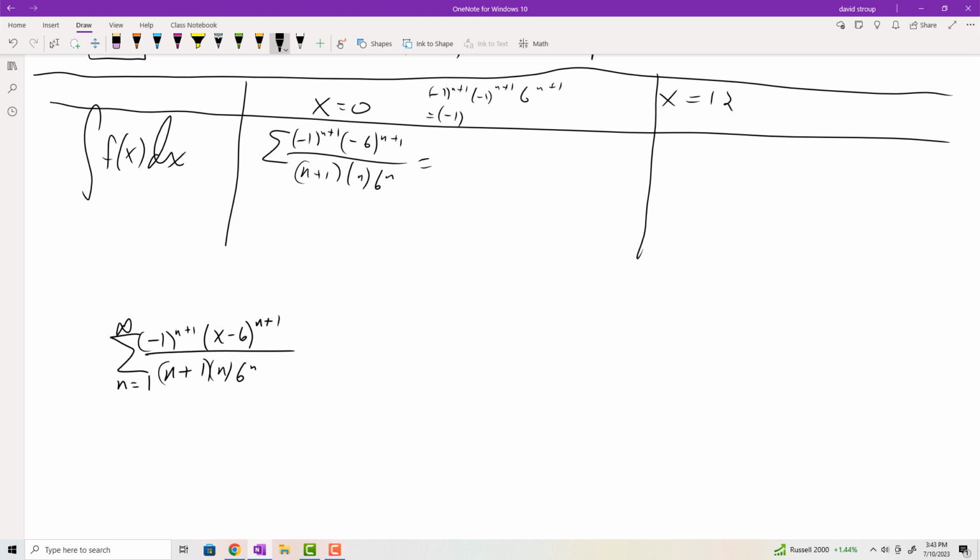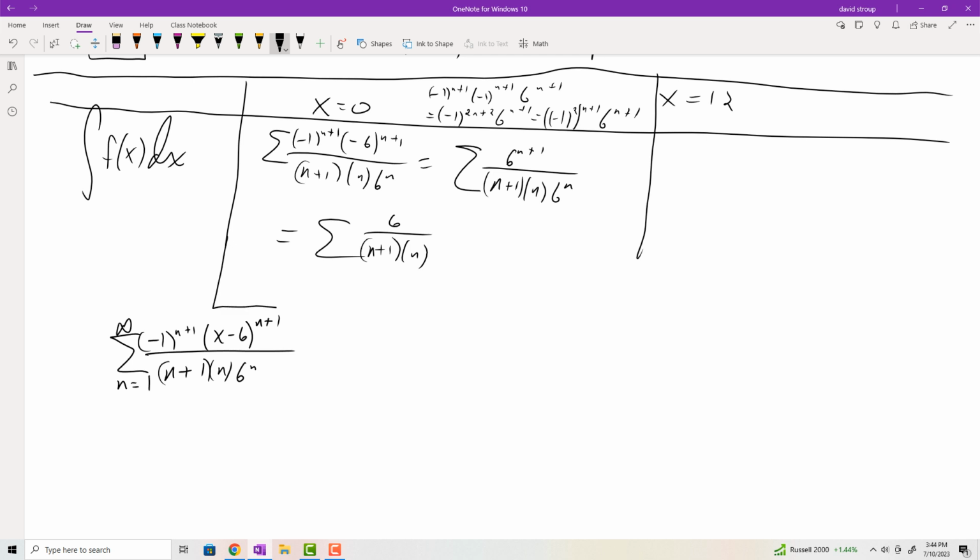That'll be (-1)^(2n+2) times 6^(n+1). That will equal ((-1) squared)^(n+1) times 6^(n+1). And (-1) squared is +1. 1 to any power is just 1, so that part goes away, and you just have 6^(n+1) all over (n+1) times n times 6^n. That will be the sum of 6 all over (n+1) times n. That's a telescoper, if I've ever seen one. We might as well do a telescoping just for the sake of memories.